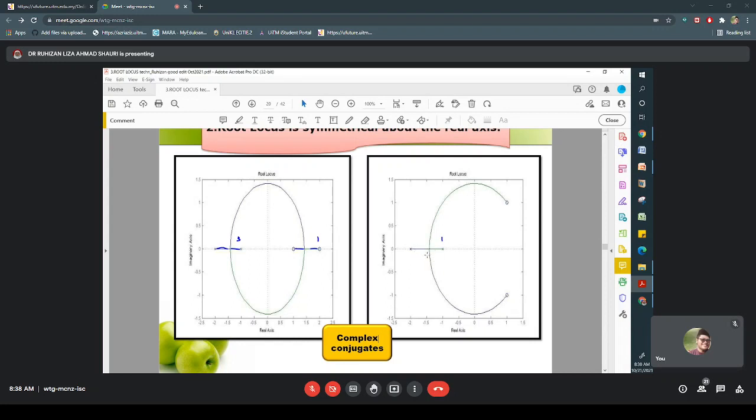So now you know on the real axis, the root locus exists between these 2 poles. Now let's look at the next one.